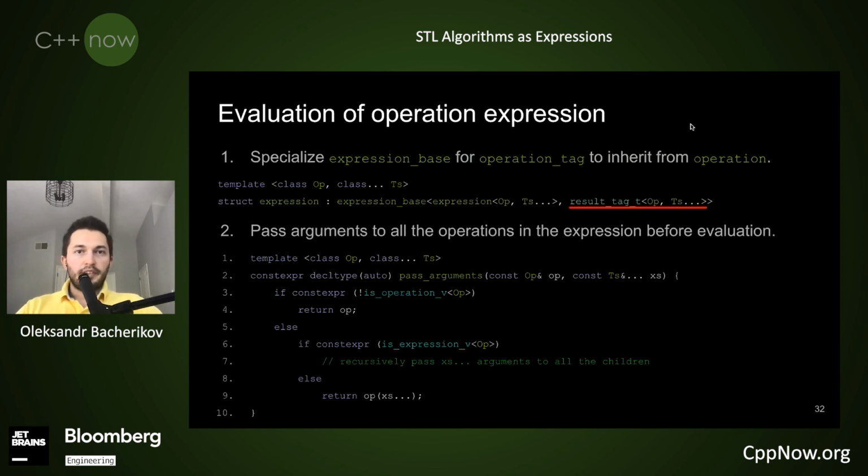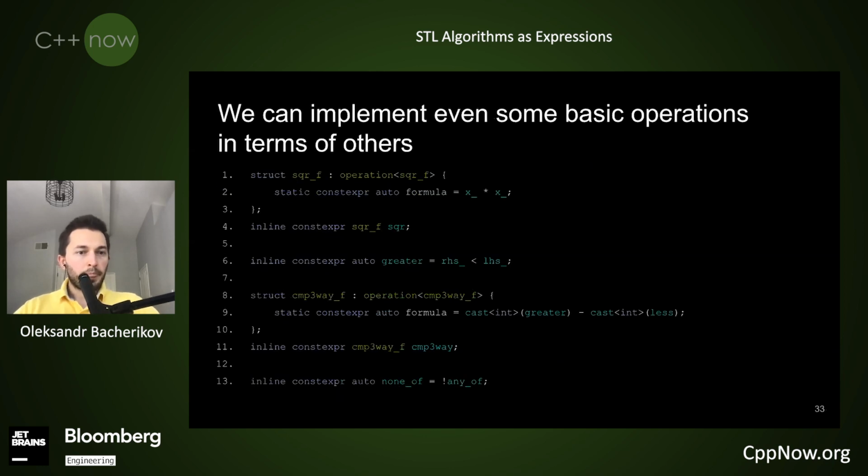Okay, now let's continue and let's see what we can actually do with what we have. We can start with implementing even some basic operations in terms of others. For example, on line 2, you see that square is just the argument multiplied by itself. On line 6, we can represent greater as less with swapped arguments. So RHS goes first.